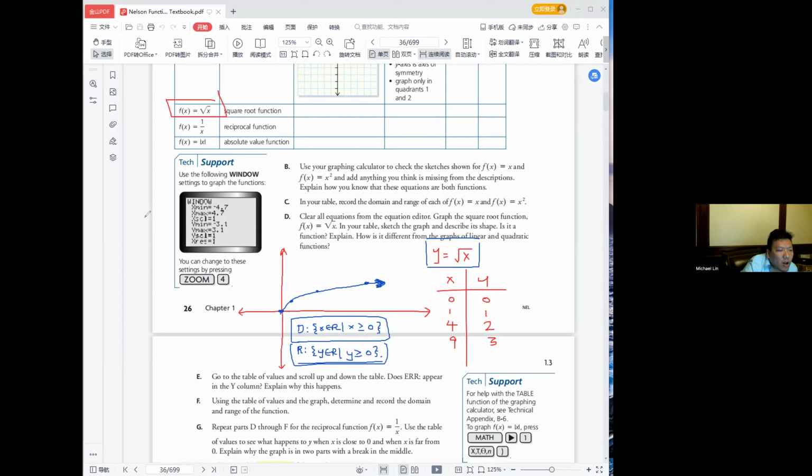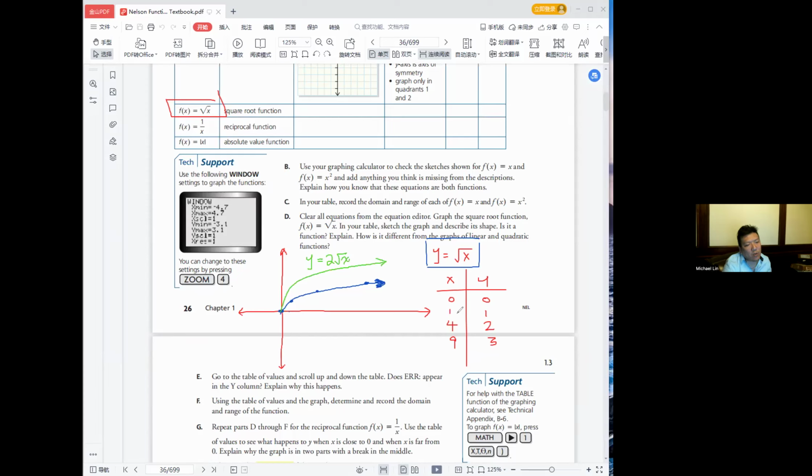And you can still apply all the exact same transformations that you learned from before. So if, for example, the teacher ever asked you to sketch y is equal to 2 square root x, you should know that this 2 represents a vertical stretch by a factor of 2. And that means all my y coordinates are going to be doubled. So I'm going to just make the same shape graph, but I'm going to make the y coordinates much higher.